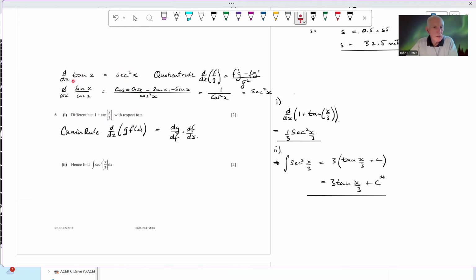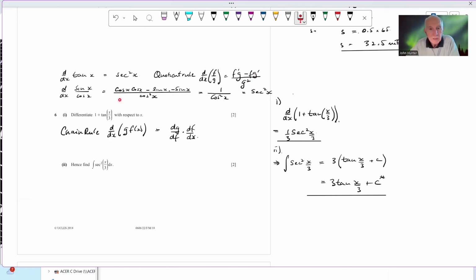Seems a bit odd, doesn't it? That this is a single power and this is a square. But remember, tan is actually sine and cosine. And in actual fact, if you were to use the quotient rule, the derivative of the quotient of functions, f of x and g of x, is the derivative of f times g minus f times the derivative of g, all divided by g squared.